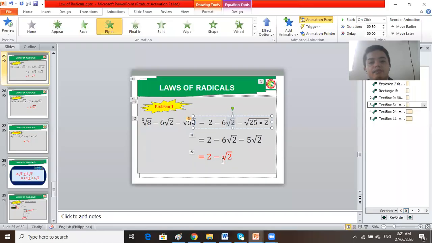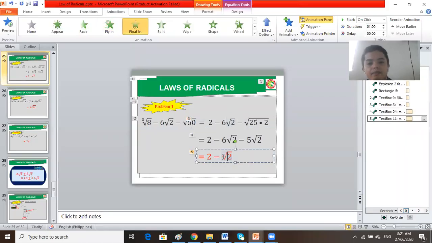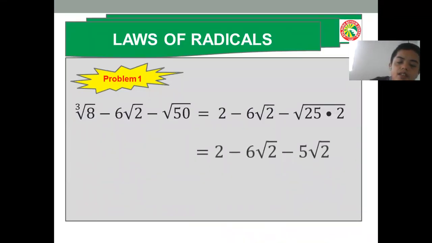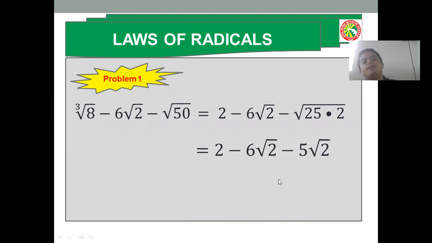That is negative 11, because that is the rule of subtraction of real numbers. Negative 6 minus 5 changes to plus, then you do addition. Negative 6 plus negative 5 is negative 11. So the final answer is 2 minus 11 square root of 2.